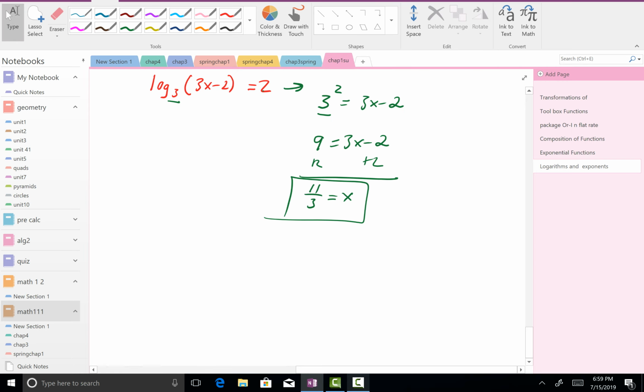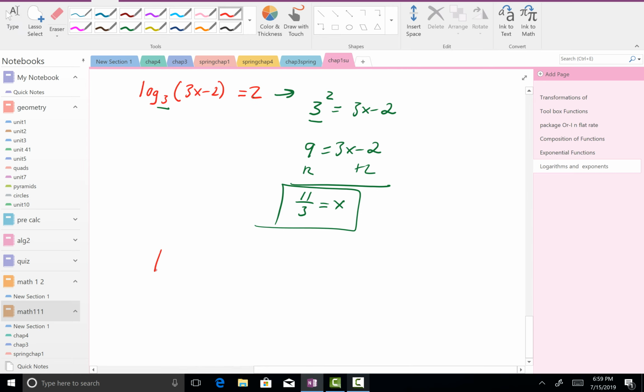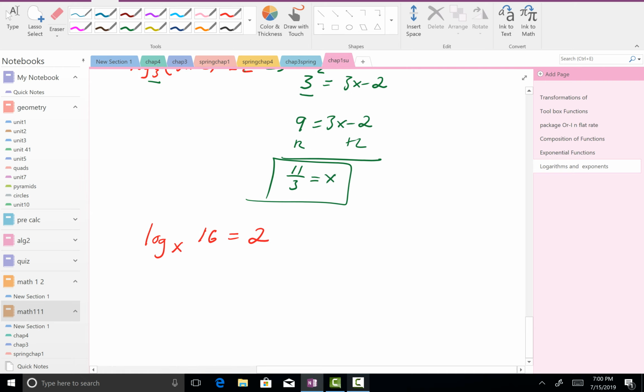So let's see if I can find one where we put the variable somewhere else. Okay, so let's do this.